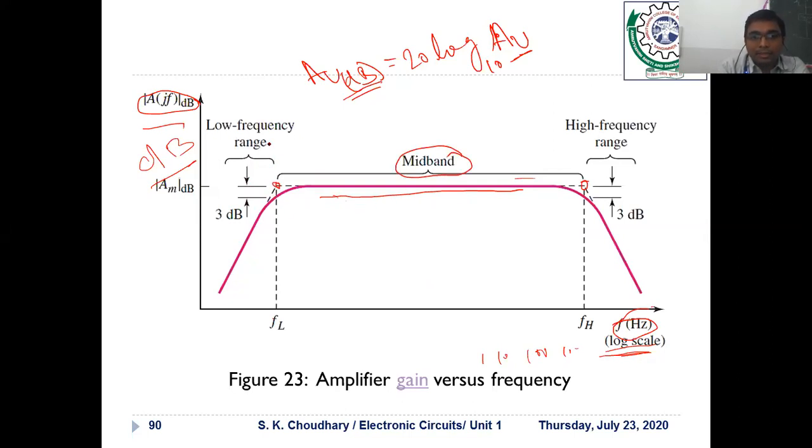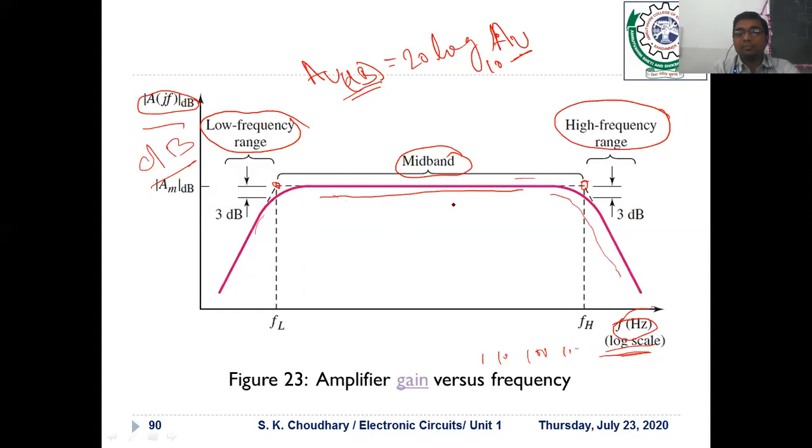Similarly, the left-hand side of this is called the low frequency region. When you move from the mid band to the low frequency range, your gain starts to decrease toward zero. Similarly, when you move to the right-hand side of the mid band gain, again your gain starts to decrease with frequency, and this is called the high frequency range.